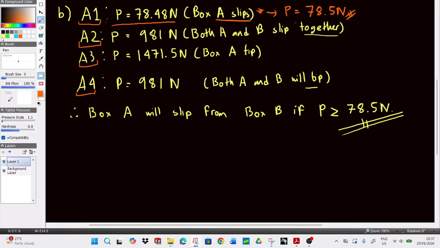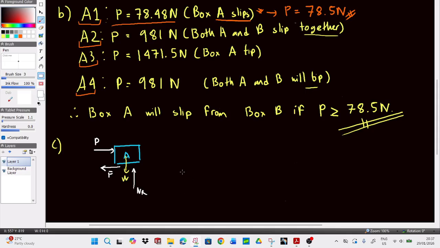Okay, let's go back to part C. Now if we were to draw our free body diagram for box A only, we include all the relevant forces. This is force P, friction force F, your weight, and of course your normal force, which is the normal reaction force.